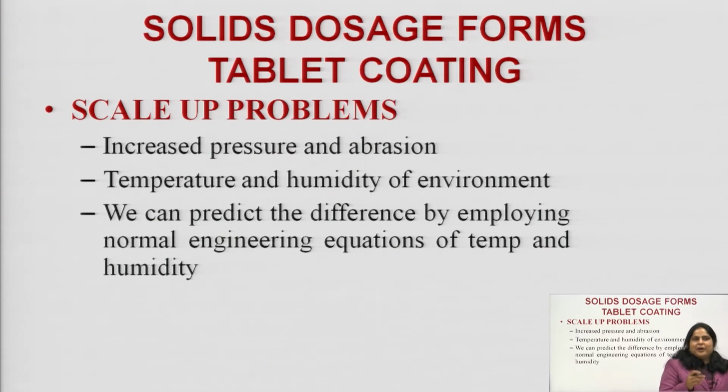Then we can predict the difference by employing normal engineering equations of temperature and humidity. During scale up, we can use the engineering equations related to temperature and humidity to evaluate what temperature and humidity will be required for that coating process. But again, these extrapolations or values are not final unless we conduct the practicals.